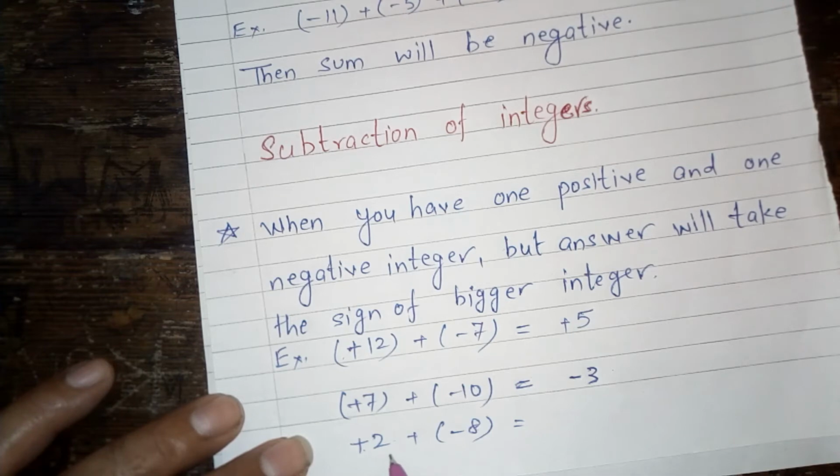So in this question, 2 subtracted from 8, you will get 6. But in these two integers, which is the biggest integer? 8. 8 is the biggest integer and 8 is negative, so your answer is negative.